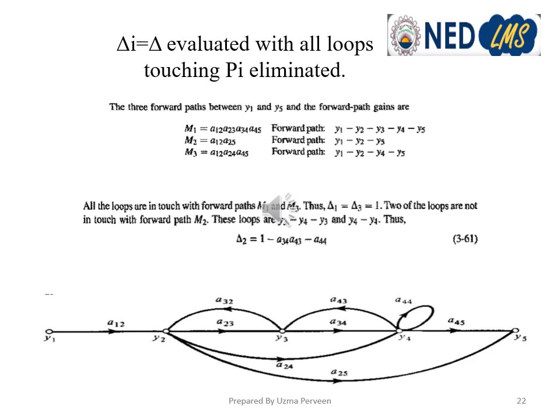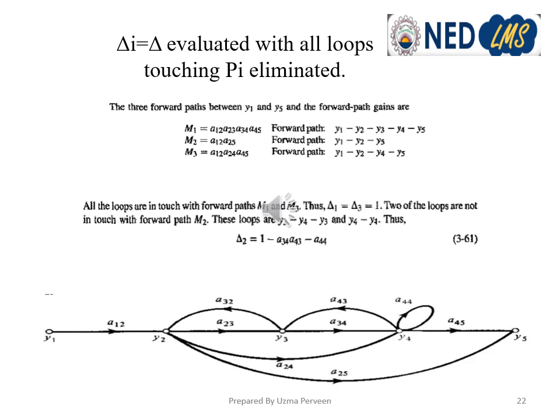So del 1 equals 1. The formula of del i and del is the same, but del i equals del evaluated with all loops touching Pi eliminated. That is, we have to eliminate all the loops which are touching the corresponding forward path.